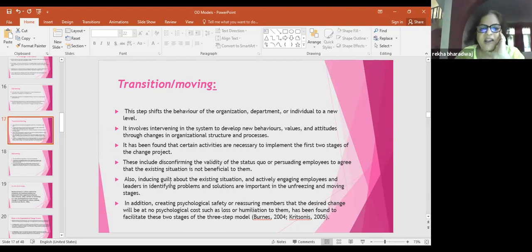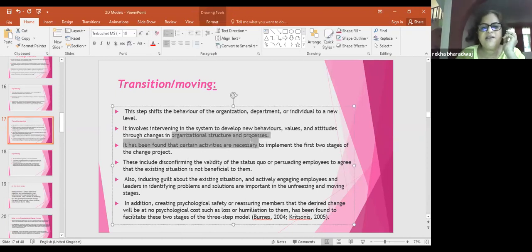Now, once we have done that, you intervene to help them develop new behaviors, values, attitudes through changes in structure and process. It has been found that certain activities are necessary to implement the first two stages of the change project. So it is not so unstructured. There is a structure.